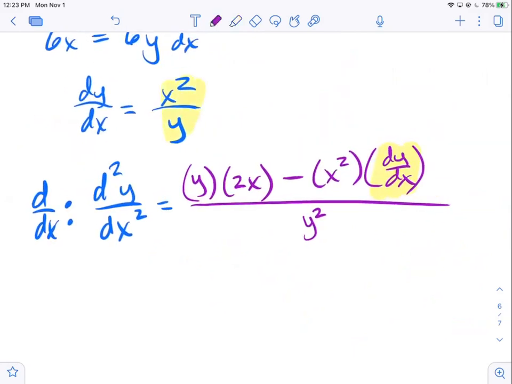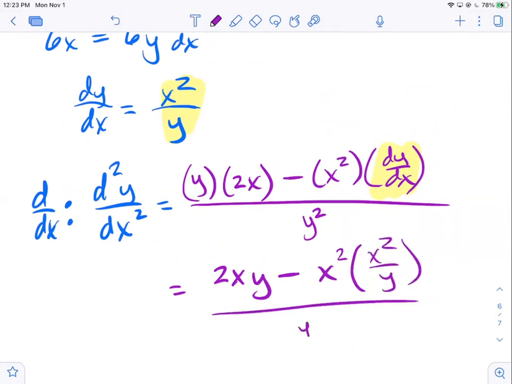Hey, there it is. So this equals, and irresistibly, I can't help but reorder those first terms, right? So 2xy and then x squared times x squared over y, all over y squared. Would there be any incentive at this point to eradicate the complex fraction on a free response?